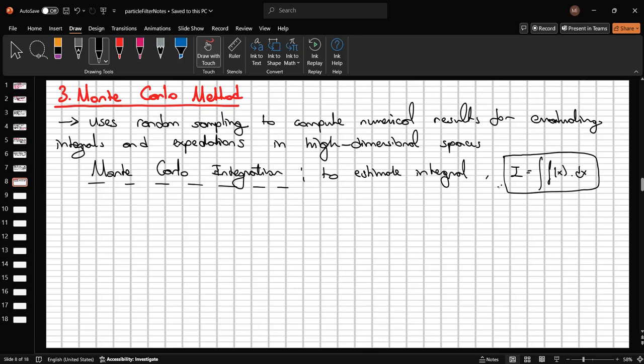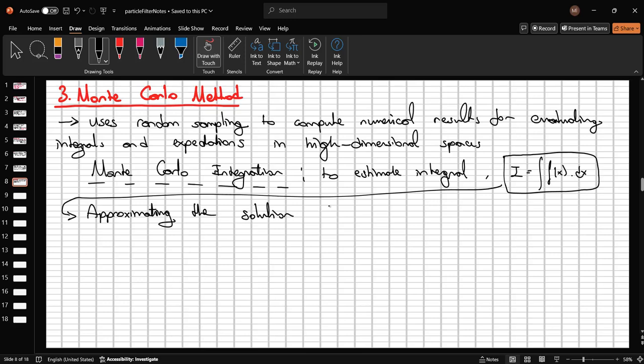We approximate this solution, approximating the solution just like this one: I, not equal but close to this value, 1 divided by n times the sum over i of f(x_i).